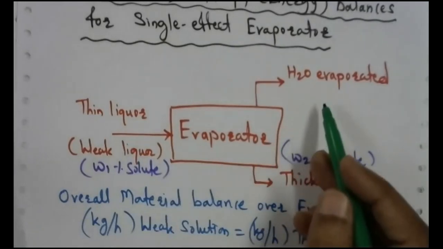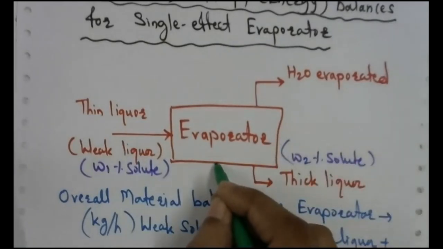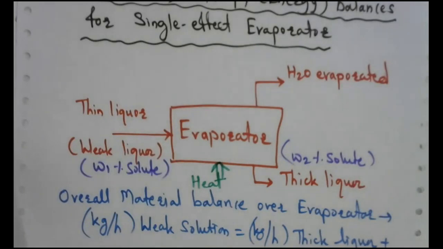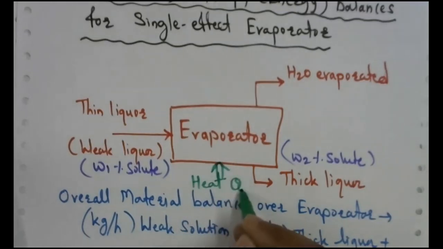But how this evaporation is done, that is with the help of heat, and this heat energy is nothing but the steam. So we are going to provide the Q, that is heat, and steam is a heating media. So we have to take the energy balance, that is heat input is equal to heat output, right?